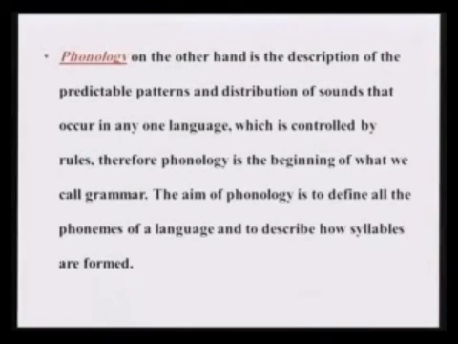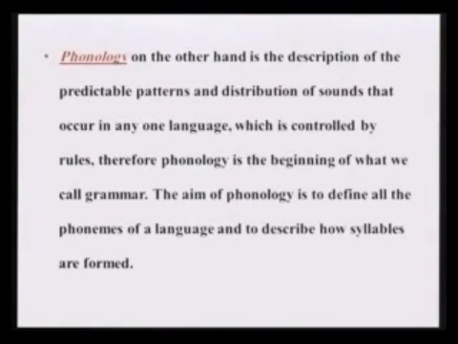Phonology on the other hand is the description of the predictable patterns and distribution of sounds that occur in any one language. شكل السيلابل ايه يختلف من العربي الانجليزي للفرنساوي. طيب ممكن ايه يجي بعد ايه في الانجليزي ومش ممكن في العربي؟ طبعا دي قواعد. There are rules in phonology which is controlled by rules.